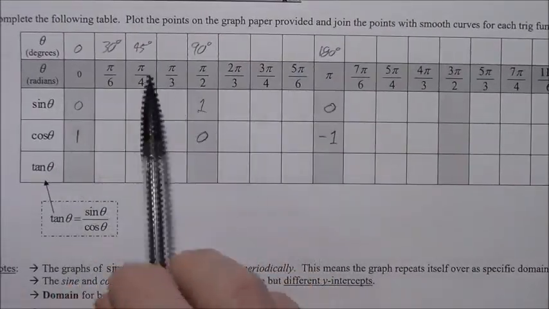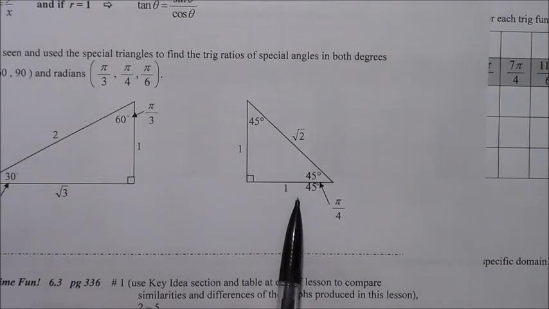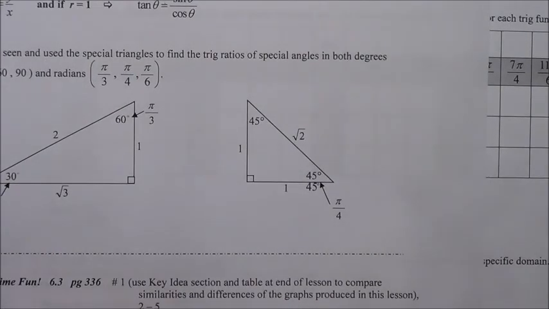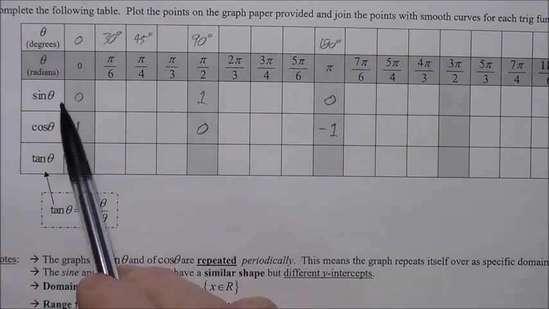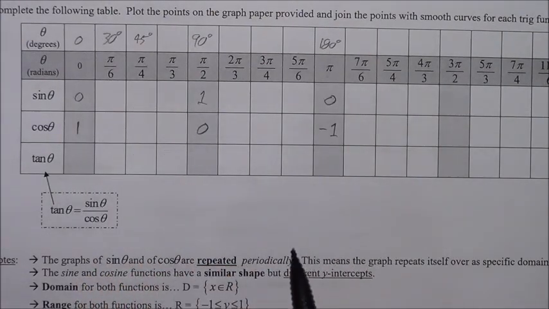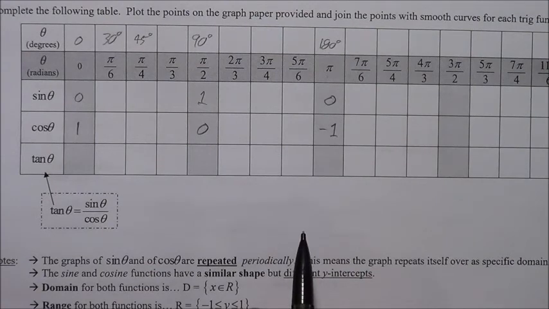Then I'm going to go into the pi by 4s, and that uses the pi by 4 triangle here, along with the CAST rule for that. So for pi by 4, I'm going to use decimal values in this case because I want to plot the points on a Cartesian plane, and it's easier to find the location of the points vertically on the grid when we use decimal values.